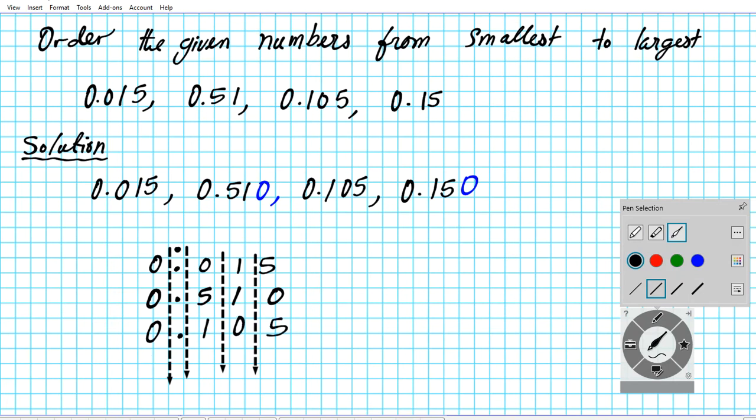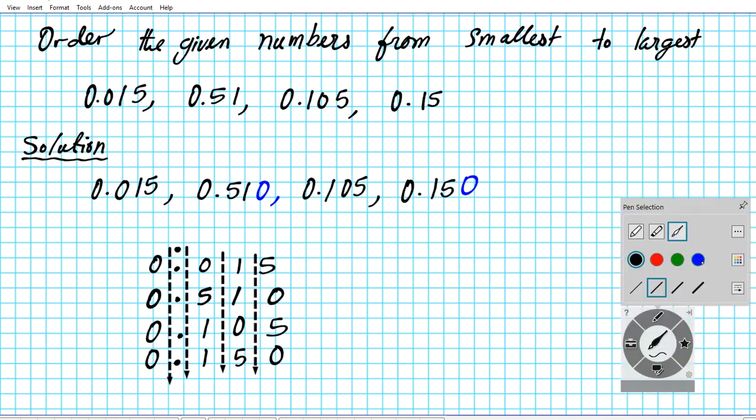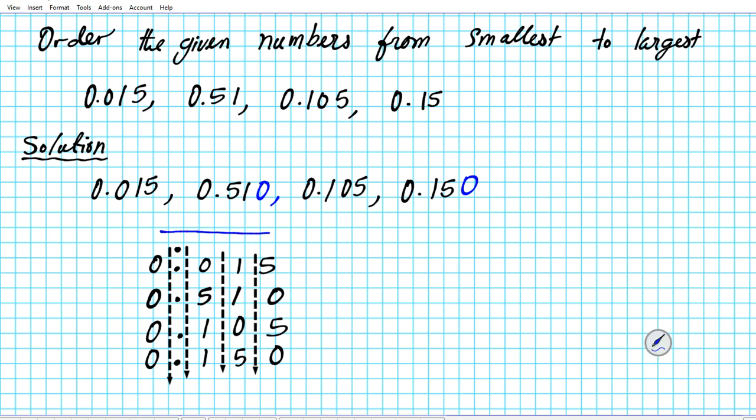And then the last one is 0.150. Now what you want to note is that when you're going from left to right, you are decreasing in order of magnitude. In the left direction you're increasing, in the right direction you're decreasing.